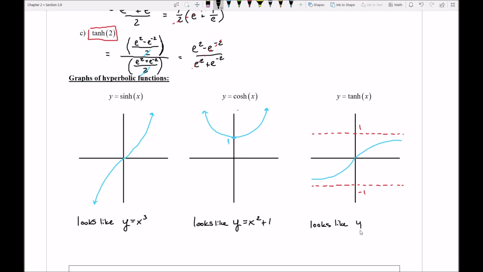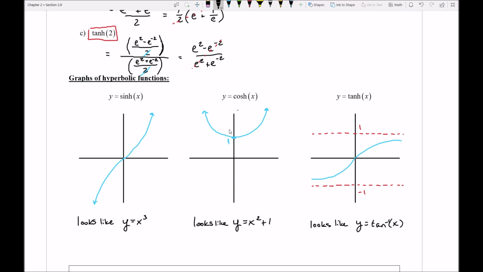This graph here very much looks like the inverse tangent, or arctangent graph, which had the same basic shape and also had horizontal asymptotes, but on this graph they occurred at -π/2 and +π/2. So knowing these pictures is very, very useful.